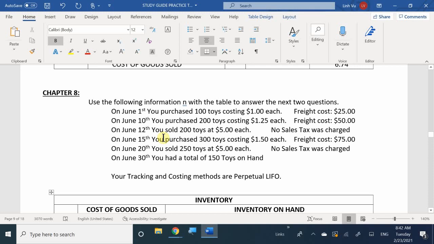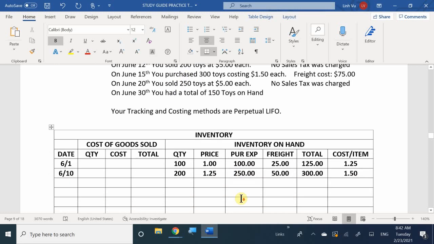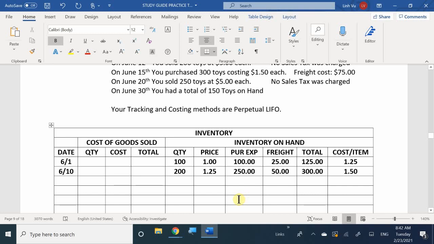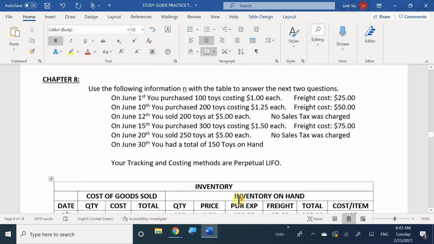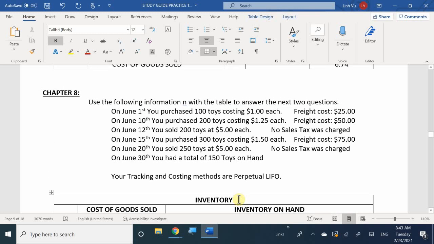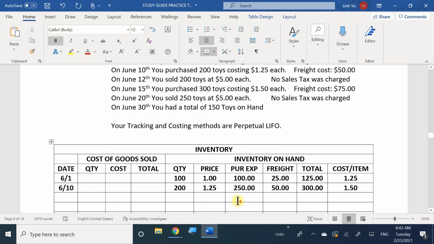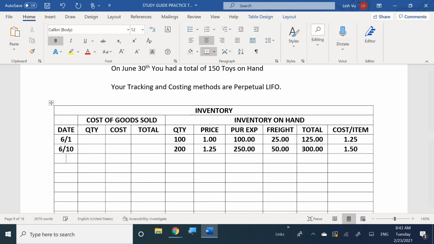We sold 200 toys at $5 each, no sales tax. Okay, so we sold 200 items. What tracking method are we using? Perpetual LIFO. So last in is the first to go. If we sold 200 items on June 12th, which batch am I going to be taking out from?